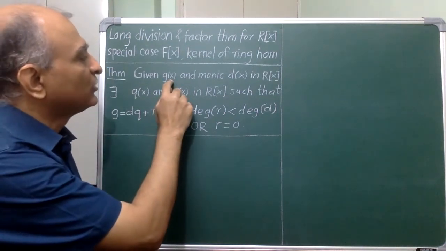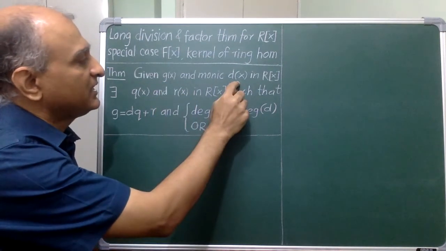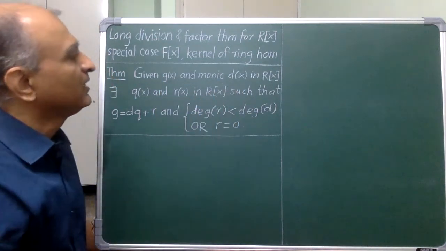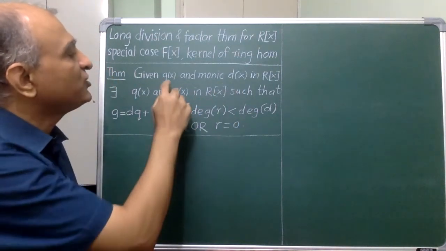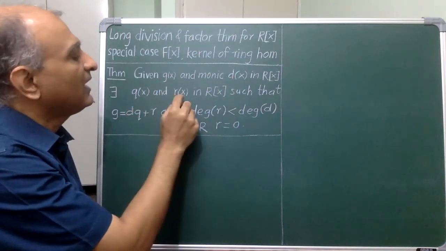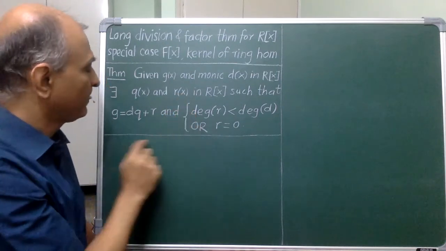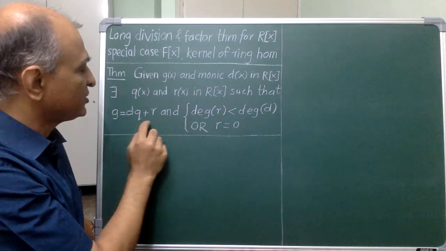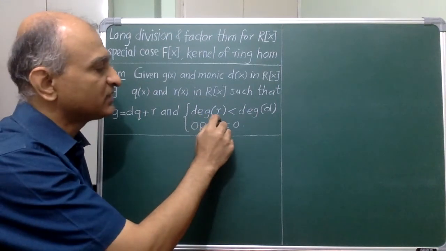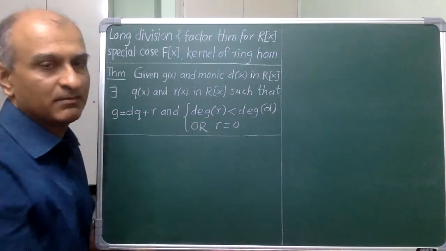I am given two polynomials g and d. g is arbitrary and d has leading coefficient 1. I would like to be able to divide g by d to get the quotient polynomial q and the remainder polynomial r, leading to this familiar equation. Of course, I want to require the remainder to be somehow less than what I am dividing by.